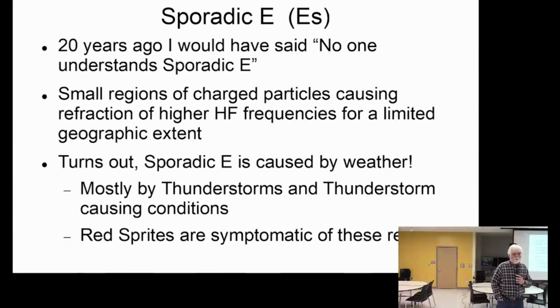So one of the major things in your really state-of-the-art HF prediction programs is weather. And you can actually get a propagation analysis from SAMI-3 by politely asking the Naval Research Lab.